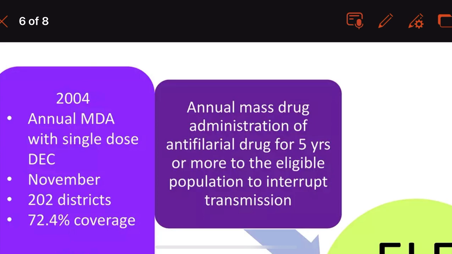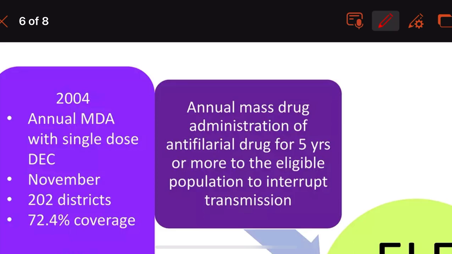So who are these eligible population? The eligible population are those excluding the babies who are less than 2 years, the people who are ill, and also the pregnant mothers. We are eliminating such a population, and the remaining ones will become the eligible population to interrupt the transmission.